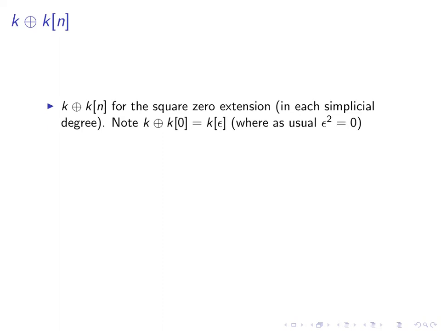Okay, so then k plus k bracket n is a square zero extension, and to motivate the analogy with the classical setting, note that k plus k bracket 0 is isomorphic to the ring of dual numbers.